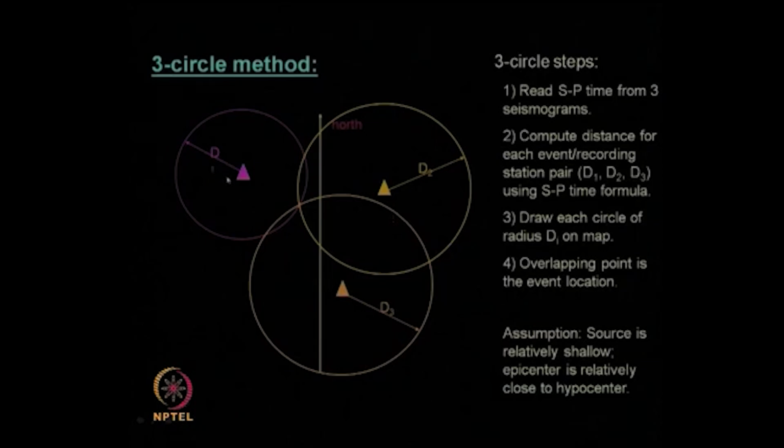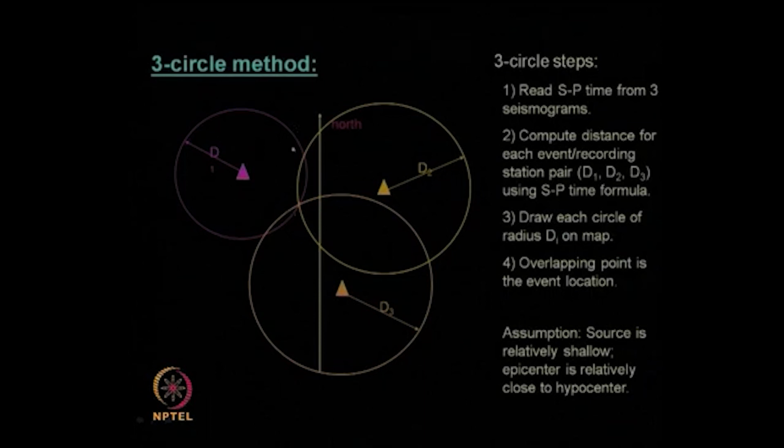That means, from seismograph station 1, you have to draw a circle with a radius of d1. Why? Because whatever earthquake excitations this seismograph station has recorded, it shows that the epicenter is at a distance of d1 from this point. Now, in which direction we do not know.